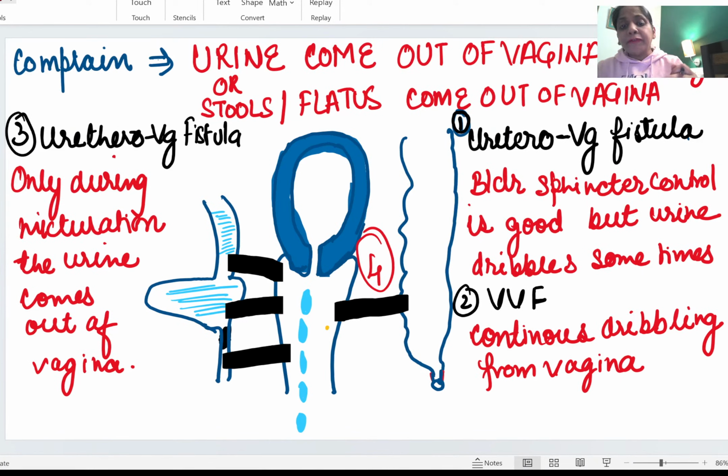When the fistula is in the ureter, this upper one, then the patient says, I have good control over my micturition, but urine dribbling is there, and it is very, very less.